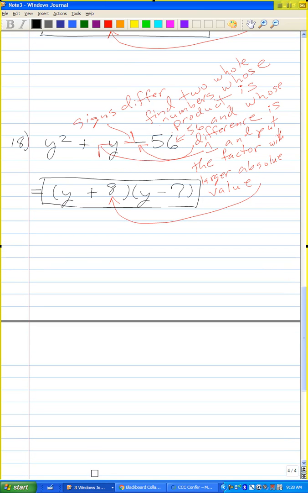Let me do problem number 20. X squared minus, I guess I should have said, I drop down the plus times minus becomes minus.